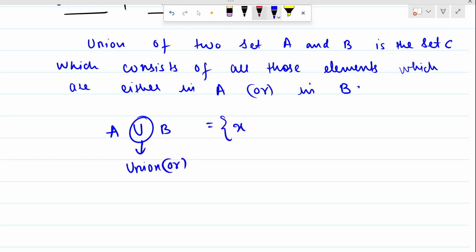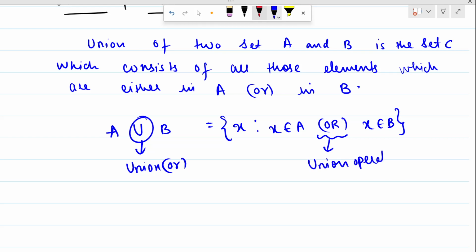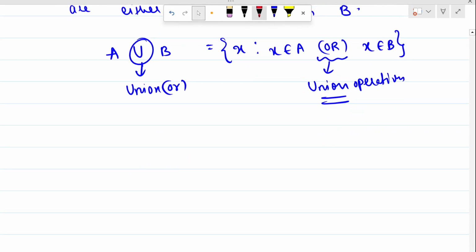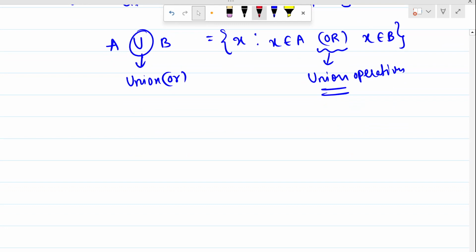In set builder form, x belongs to A or x belongs to B, so "or" also represents a union operation. So in a Venn diagram, how do we represent a union?